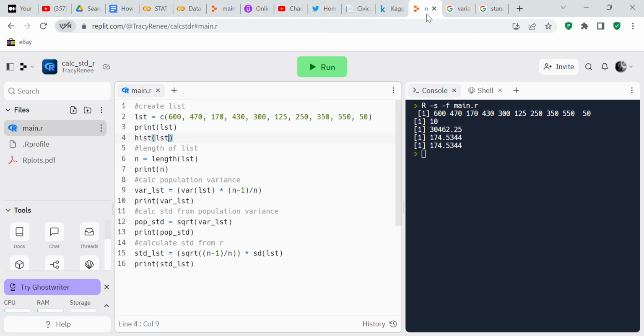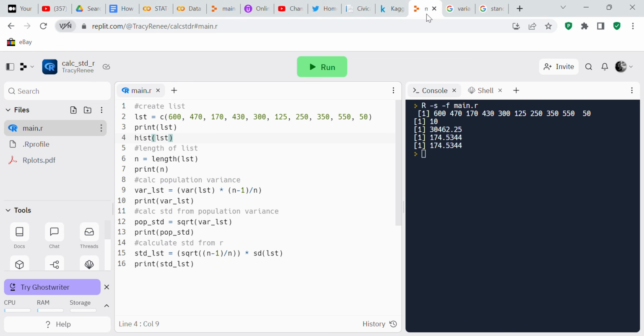So we're going to check the variance of the population. How you get the variance of the population is you take var(list) and you multiply it by (n minus 1) over n. And that's going to give you 30462.25.